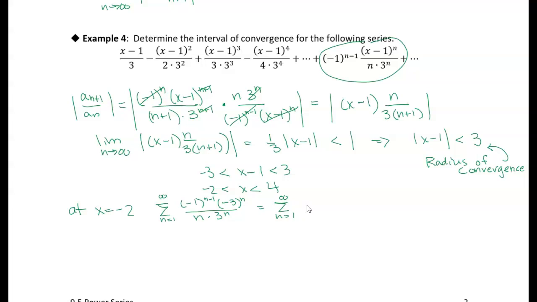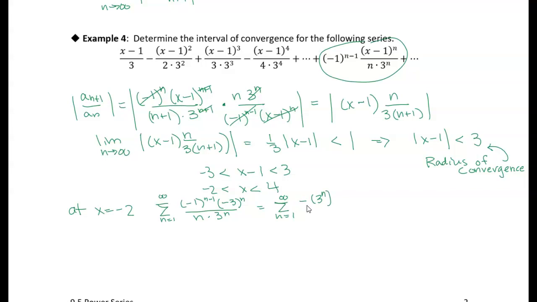If n is odd, then the (minus 3)^n is negative, but then n minus 1 is even, so (-1)^(n-1) is positive. So what we're going to end up with is something that's always negative in the numerator, so we have a negative, and then we have this 3^n.